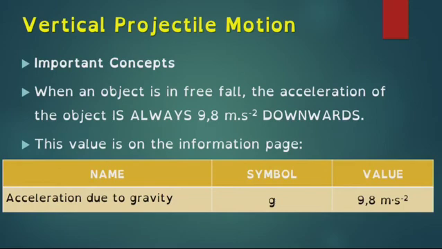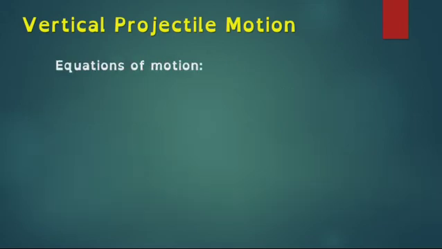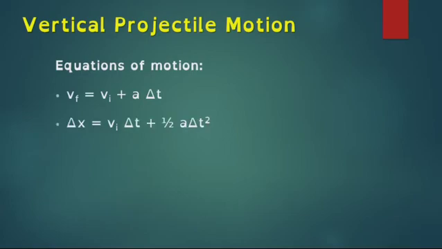It's in the table. The name of the value is the acceleration due to gravity, symbol little g, and the value is given there as 9.8 meters per second squared. Right, equations of motion. These equations of motion you learned for the first time in grade 10.